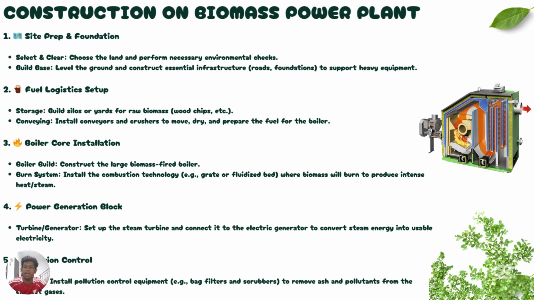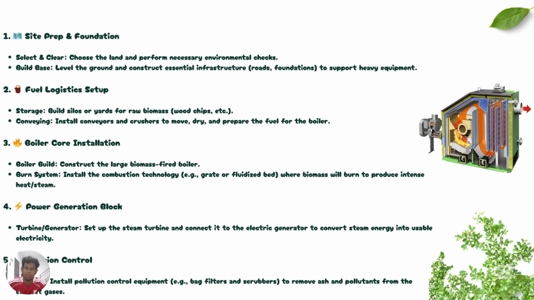These filters act like a giant vacuum cleaner, capturing any remaining fine dust or pollutants. This ensures that almost all particles are removed before the gas leaves the plant. By using these three main stages, the cyclone separator, the ESP, and the bag filter, the flue gas becomes much cleaner. This reduces air pollution, meets environmental regulations, and makes the biomass power plant more sustainable.